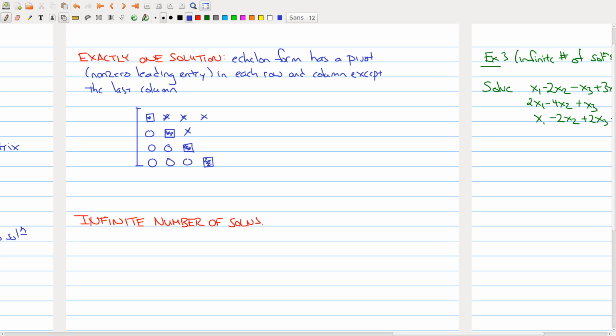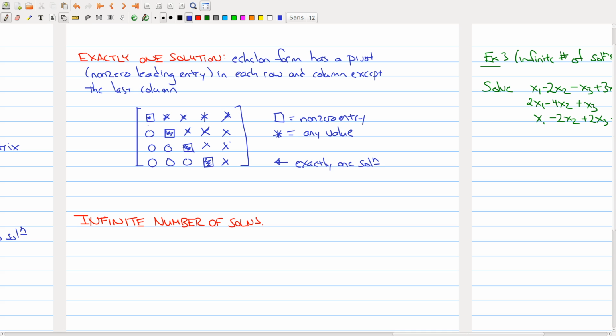These numbers can be anything, these asterisks, and the last column can be any particular values you want. Okay, so remember the square means non-zero entry, and the star means any value. And of course, where it says 0, you have to have a 0. So when you have something of this shape, we have exactly one solution.